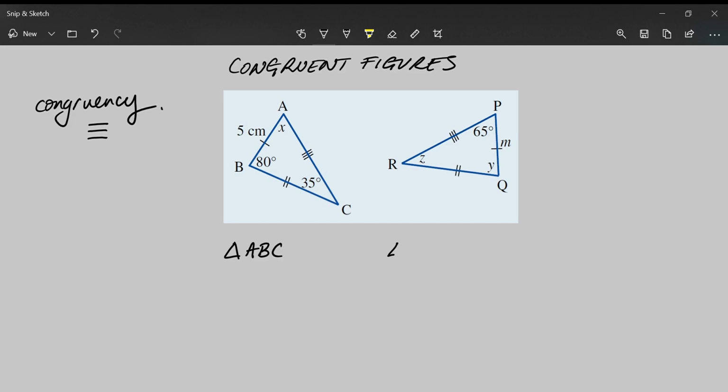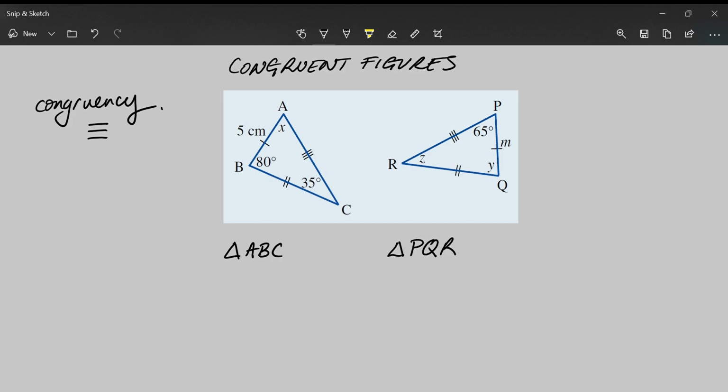So what I want to write down is that A is corresponding with P. So that's the first letter for the second triangle. B corresponds with Q. And then C corresponds with R. So the way that we actually label this second triangle is in this order, P, Q, and R, because that is the order that we have dictated from A, B, and C. Even though visually they are the same triangle, it's important that the order that we phrase it is the same.